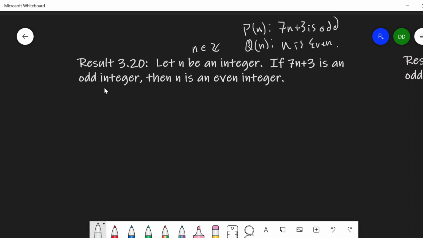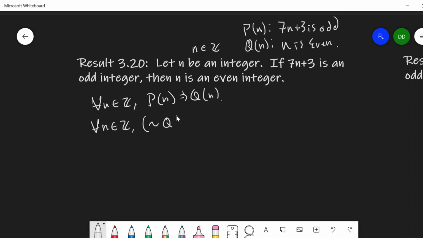So what we're trying to prove here is that for all integers n, P of n implies Q of n. The first step for a contrapositive proof is to identify the contrapositive. And so in this case, it would be for all n in Z, not Q of n implies not P of n.